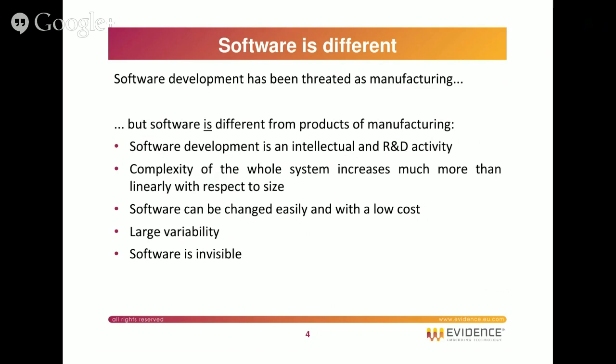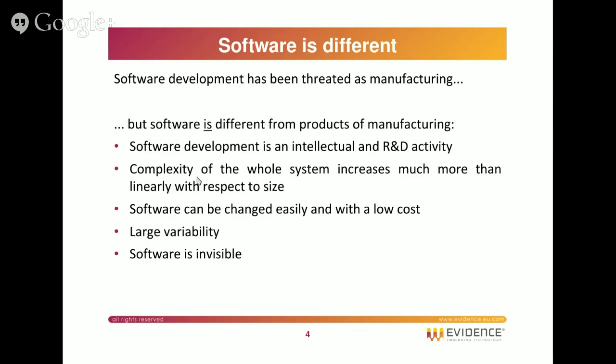And the problem is that this doesn't work for software. So it may work very nicely in other engineering domains, but doesn't work very nicely in software. Because software is quite different from products of manufacturing. And the most important feature of software development is complexity.